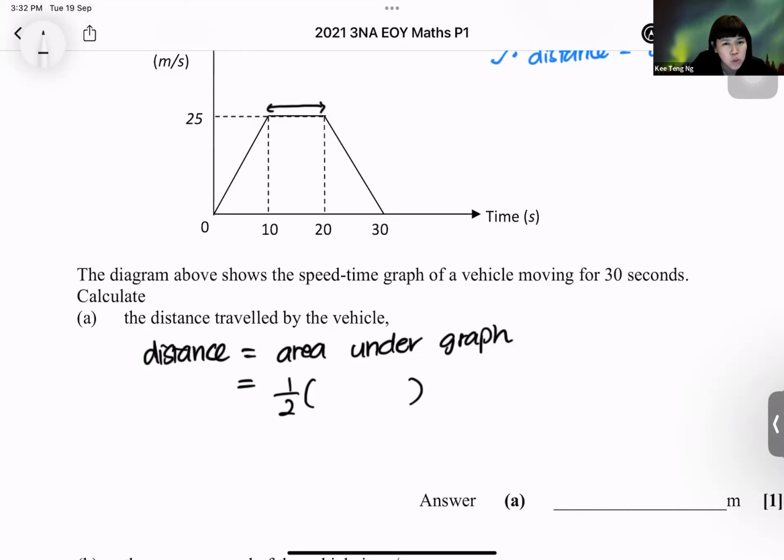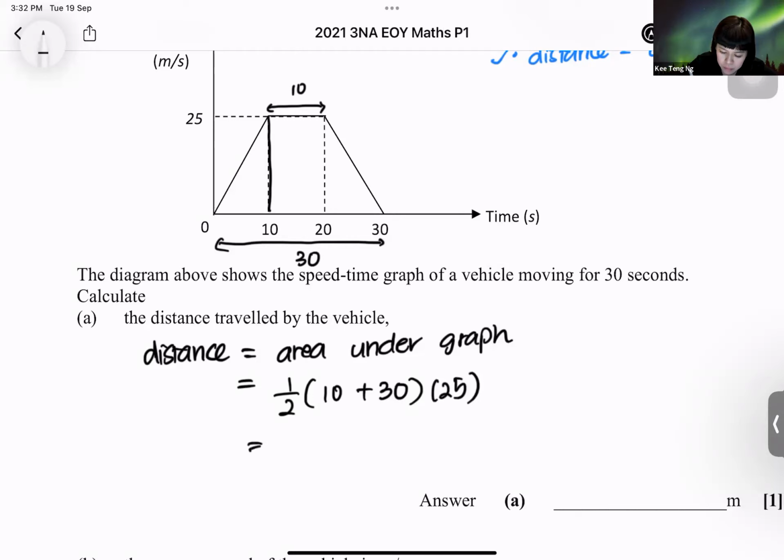From 10 to 20, how much will this A be? That will be 10, right? And from here to here, this one will be 30. So it's 10 plus 30, the sum of the two parallel sides, times my perpendicular height, 25. Half.